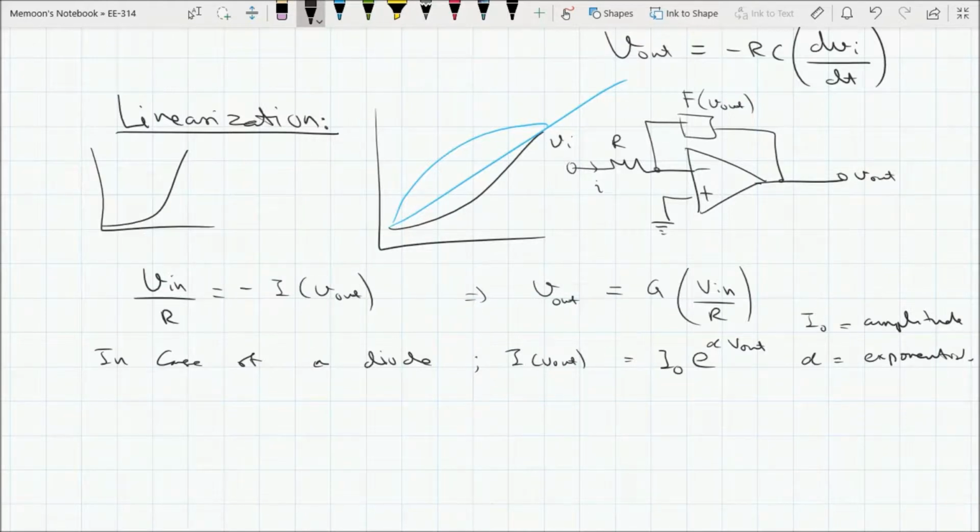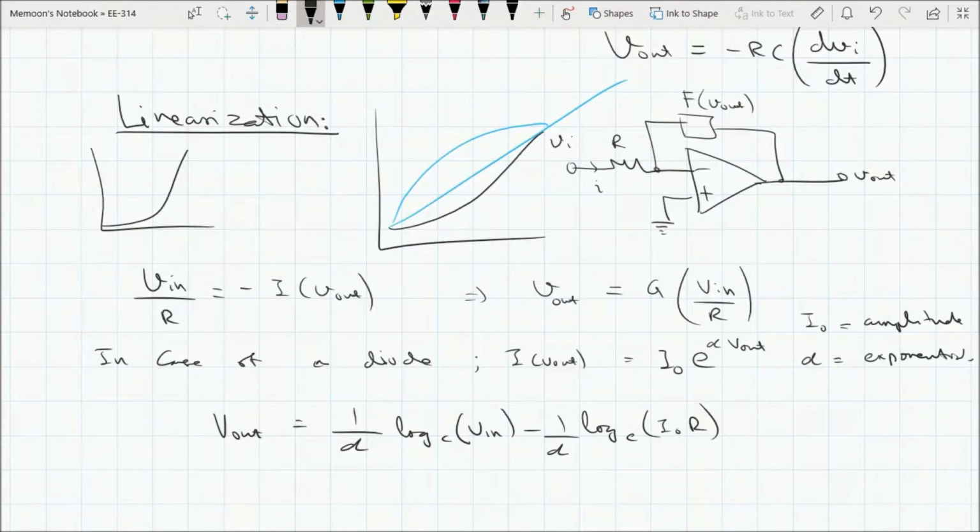So if a diode is in the feedback, our V out will behave this way: log C times V in minus 1 over alpha log E times I naught R.